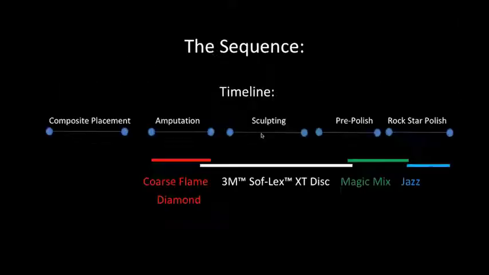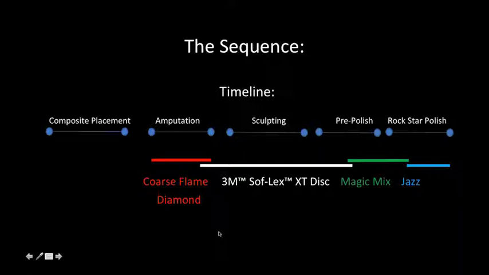So let's look at this timeline of our protocol, where the SofFlex XT disc fits in. First there's the composite placement, using an injection overmolding technique with one color of composite. Then there's the initial amputation, which I do really quickly with a large coarse diamond.